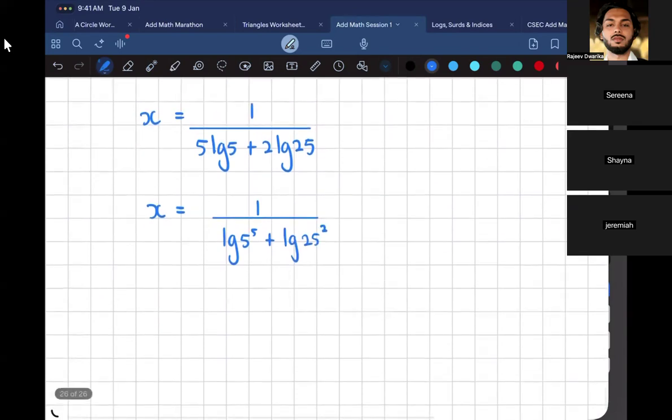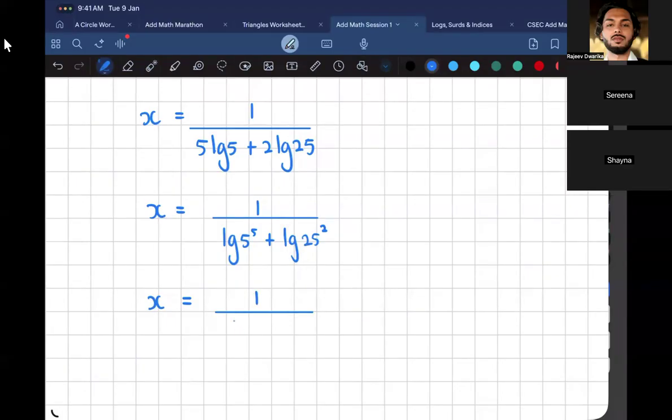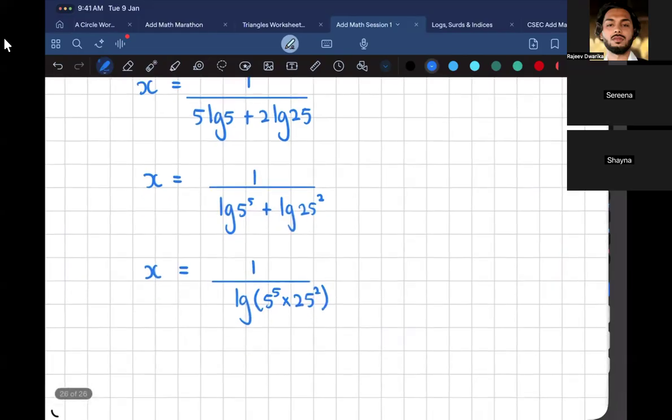Okay, and aren't I adding, and I have the same log base? Yes. So I could write this as log open bracket 5 to the power 5 multiplied by 25 squared. Did I do anything that was confusing? No. Okay, good.